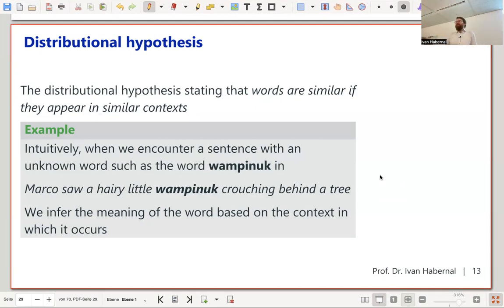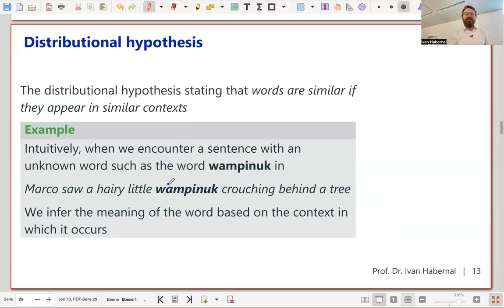Wampanyuk doesn't exist, but what is it now? Some sort of squirrel, behind a tree, and it's hairy, like a tiny squirrel, and maybe it's blue. I don't know.